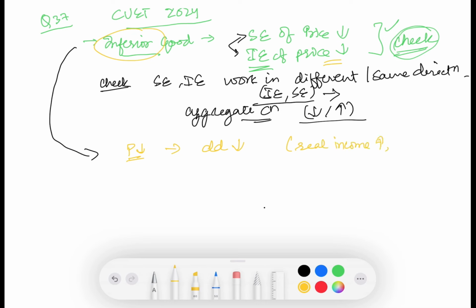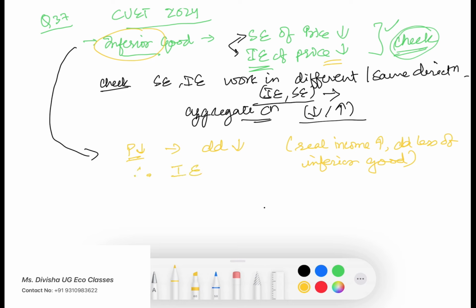And therefore you demand less of the inferior good. Okay, I hope this concept is clear. And therefore the income effect of a fall in price leads to a fall in overall demand for the good. Okay, this is the result of the income effect.